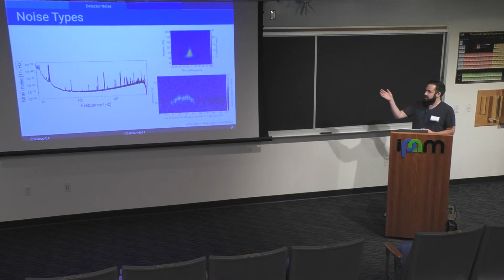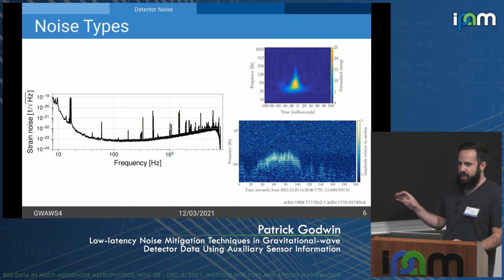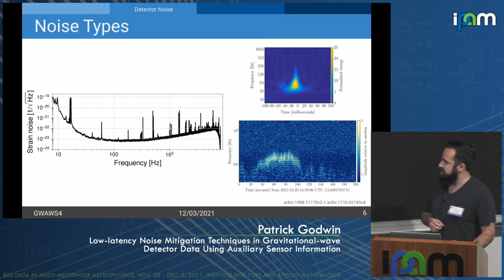On the top right-hand side, we have a picture of a blip. We've seen this in some of the other talks. They are very well localized in time and frequency. These may last a small fraction of a second, sometimes a few seconds. And then what I like to call, on the bottom right, more medium duration non-stationary noise.